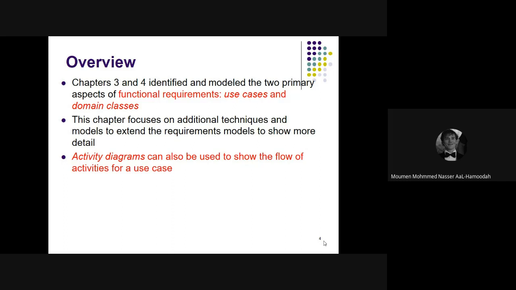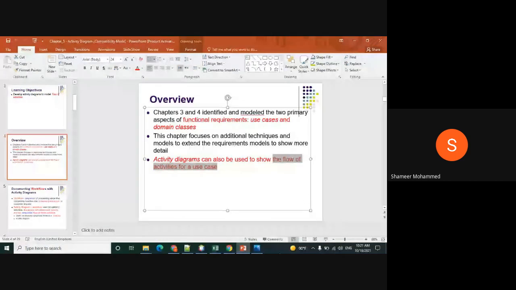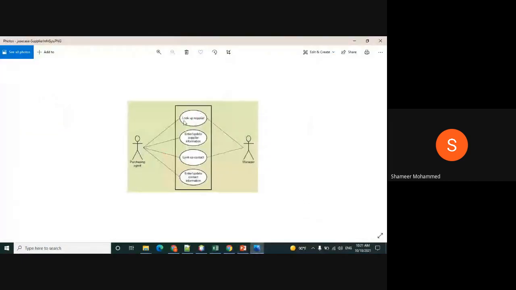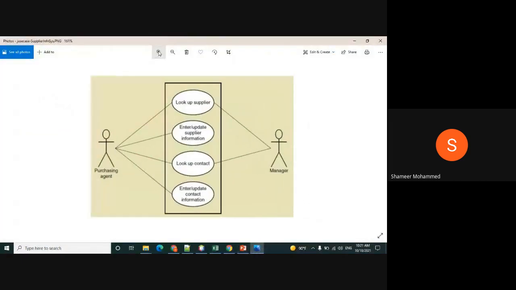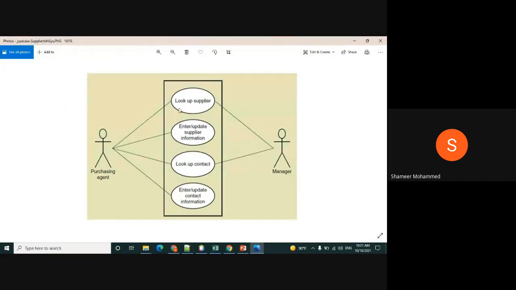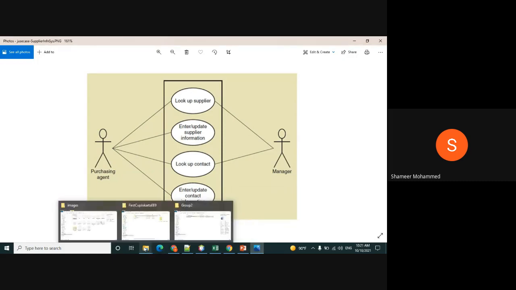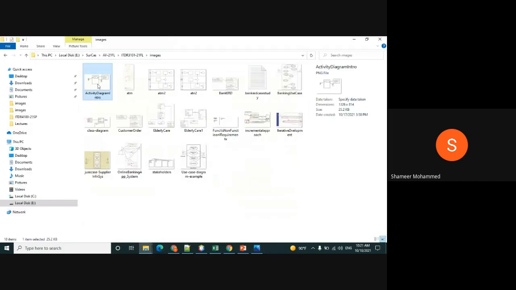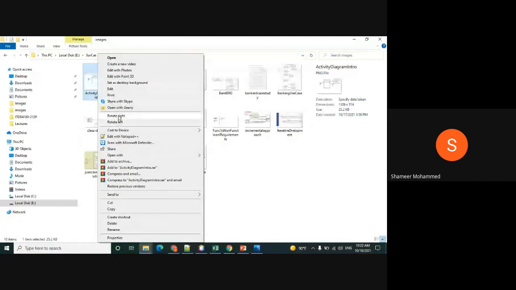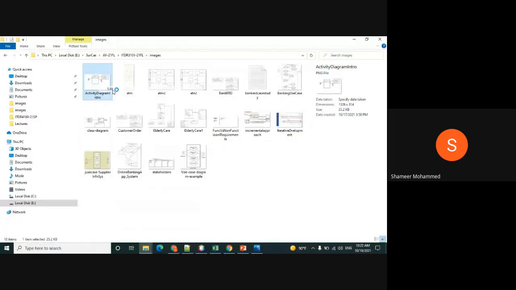Yes. No, Mr., can you repeat? Look, in this there is nothing. You have only a use case, one simple phrase, look up supplier. So how will you look up? What are the steps?